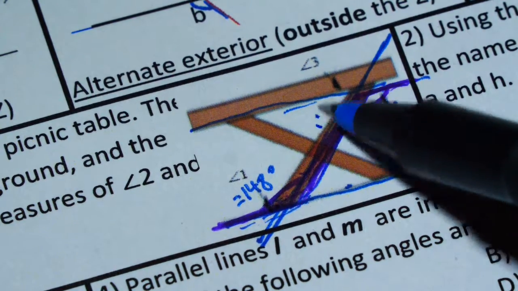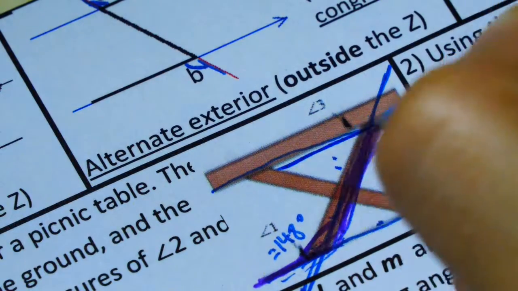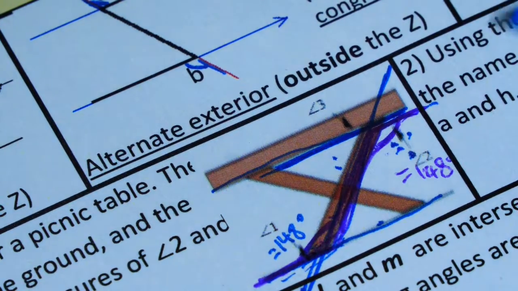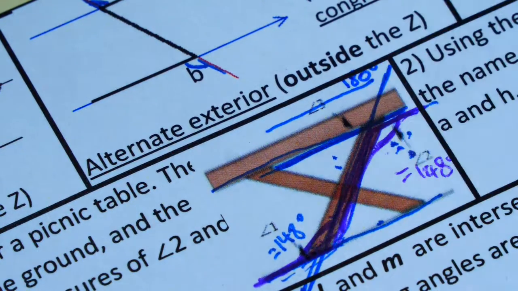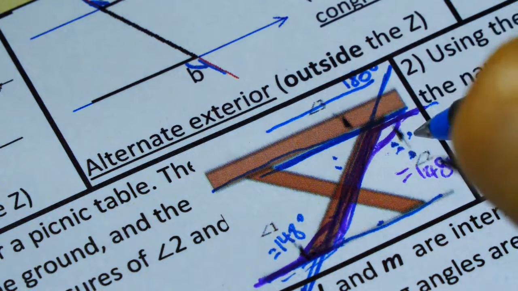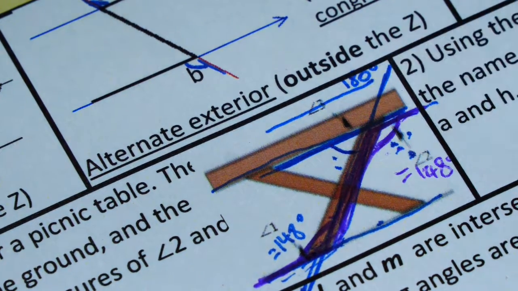So now angle 3, if we look at this line here, this is a straight line. So we know a straight line is 180 degrees. So 148 plus this one must be 180.